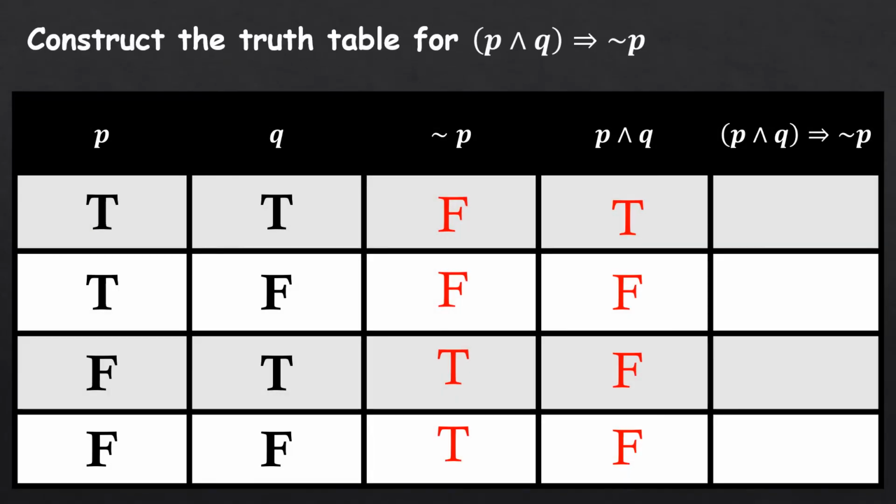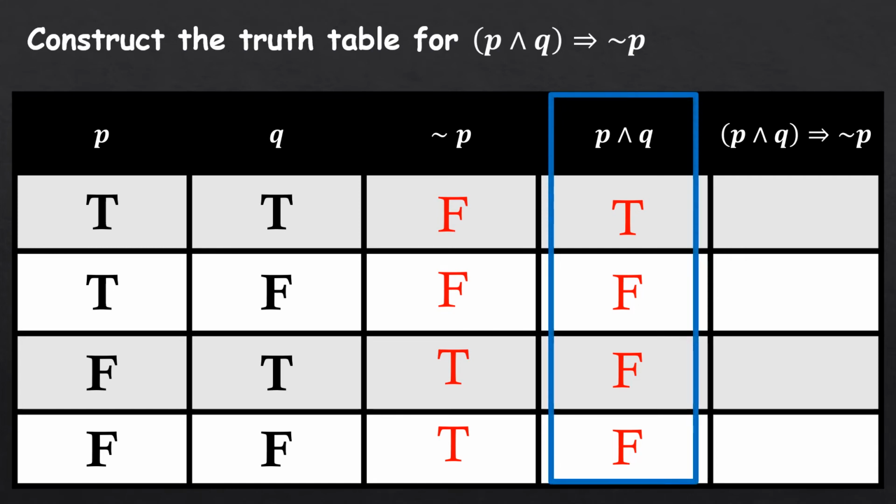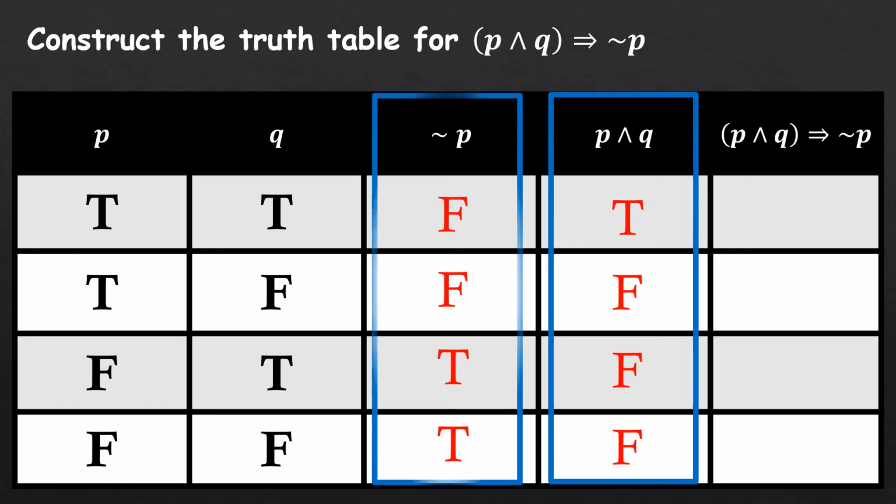In evaluating this logical statement, we have to focus on the column of P and Q, and as well as the column for not P. In this given logical statement, you have to take note that the quantity of P and Q is our first variable, and the second variable is the negation of P, or yung not P. So you will not read it as F implies T for the first row.